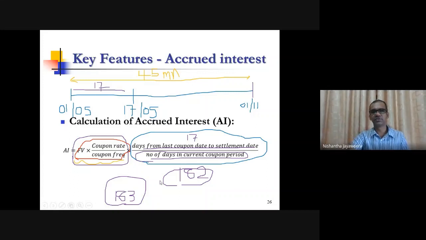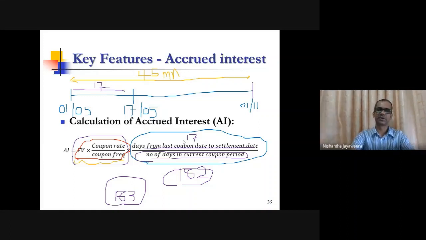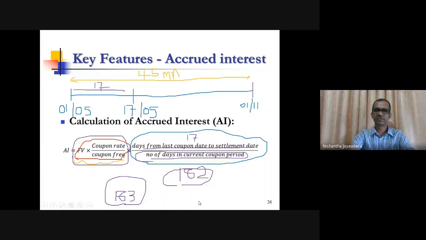So this is the equation to calculate the accrued interest. Basically, what is the concept in this? First part is the coupon. We calculate the amount of coupon and prorate that coupon amount according to the number of days between the last coupon date and the settlement date, and the number of days for the current coupon period.